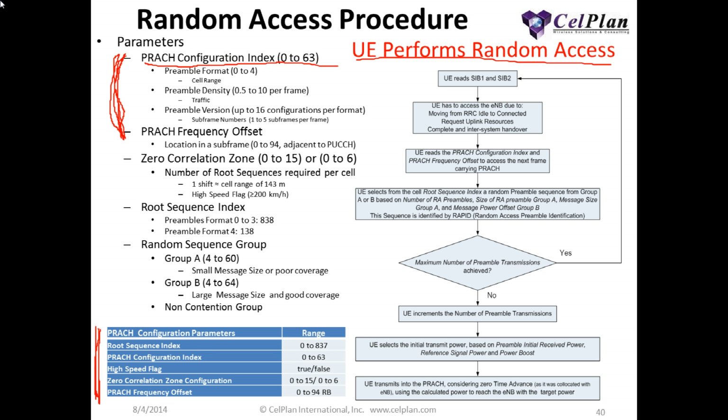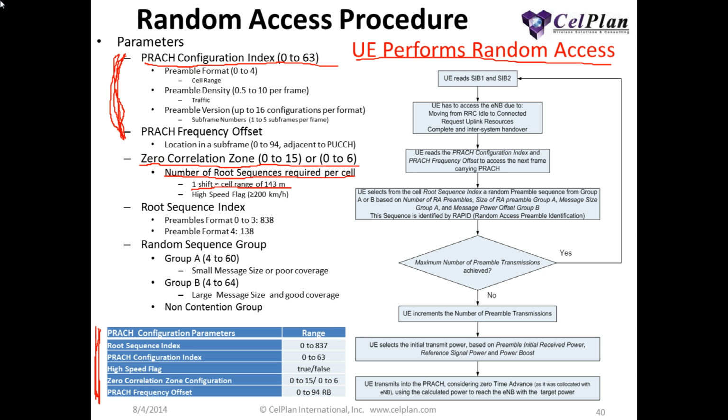Then it has to know what we call the zero correlation zone. So it has to figure out how many root sequences will be required, and this is based on the size of the cell, and consequently on the shifts that have to be done to get orthogonal codes. And one shift corresponds to a cell range of 143 meters.